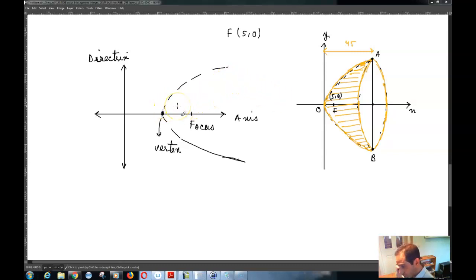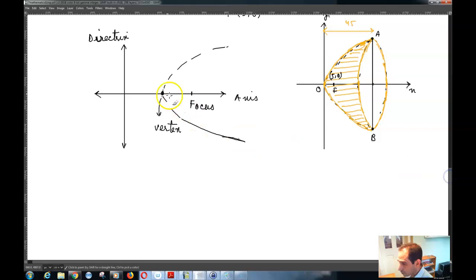So in order for the equation of the parabola to be in the simplest way possible, we put the vertex at the origin, and the axis of symmetry we put, for example, along the x-axis or along the y-axis.